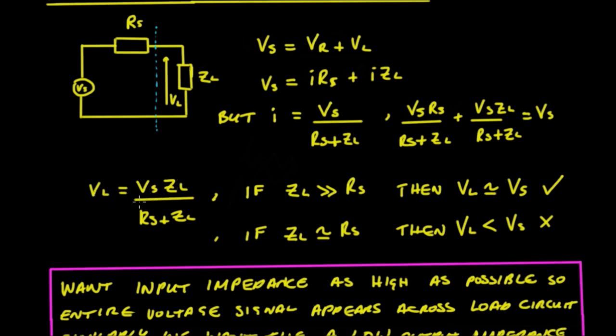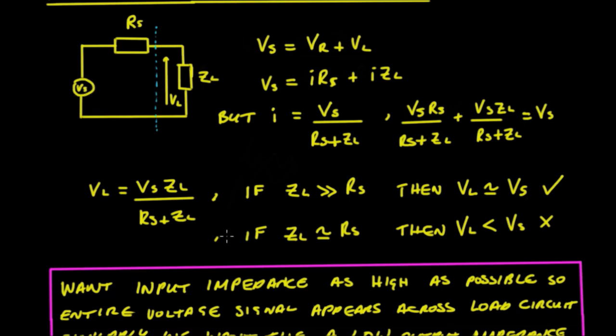So a maximum amount of voltage would be transferred onto this load resistor whenever our value of ZL is greater than Rs. So really what we're saying is we want this load resistance to be very large, but we want the source resistance to be very small in order to get the maximum voltage transfer from this point over to this point.